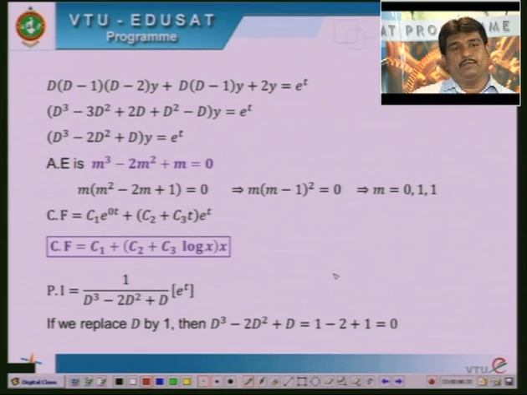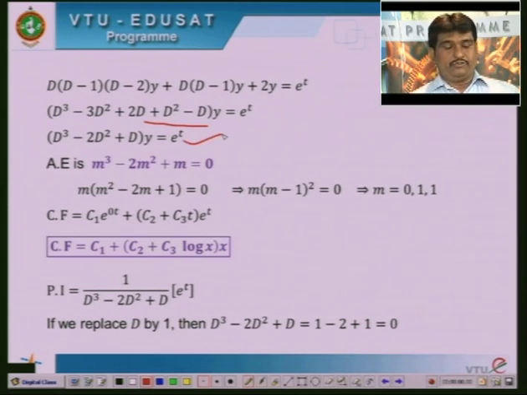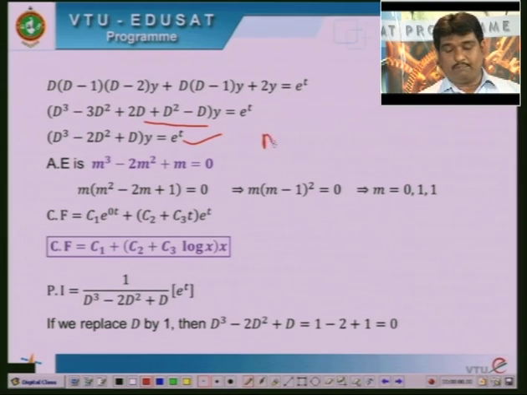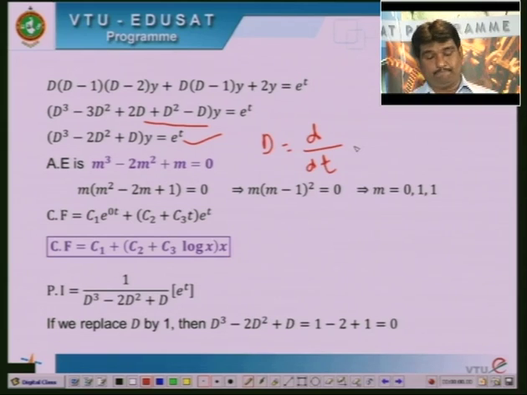Multiplying, it's (D cube minus 3D square plus 2D plus D square minus D) of y equals e to the power of t. It reduces to this form: (D cube minus 2D square plus D) of y equals e to the power of t. This is a linear differential equation with constant coefficients, where D represents the derivative with respect to the new variable t.